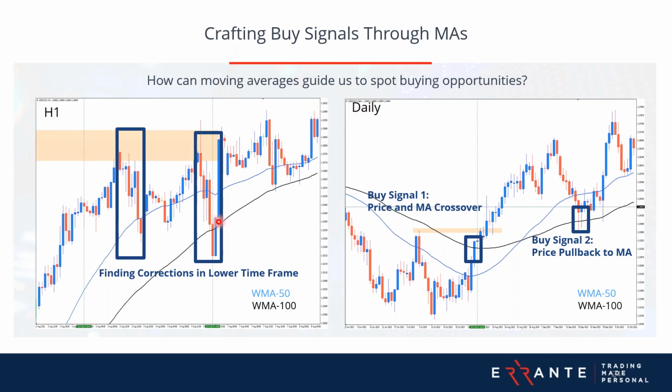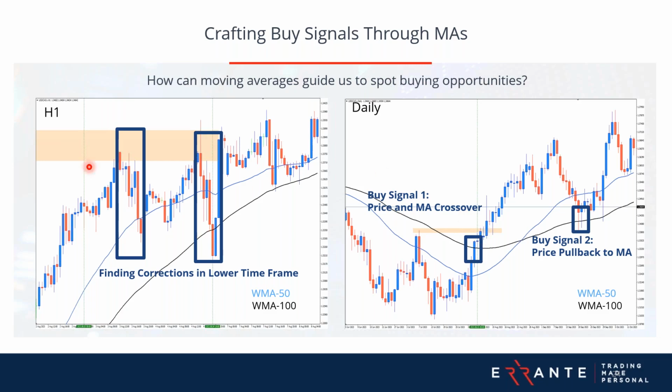In that case, we can enter into a buy position as we looked at this level here. This is our trigger signal at this candle, and the next day is going to be our confirming candle.